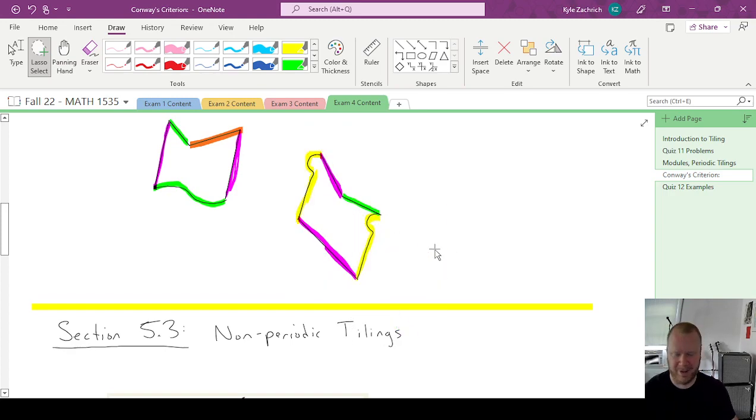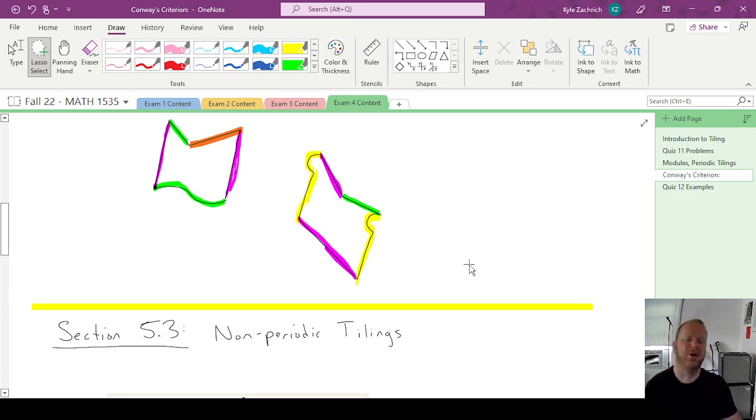Give it one more shot. Weird. So if I take this piece, since it's just copied and pasted, this shape will fit in just like a jigsaw puzzle, right? I can take this shape over here and it'll fit back into this shape here perfectly.